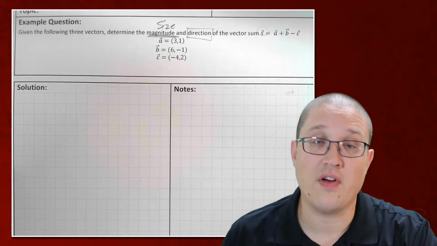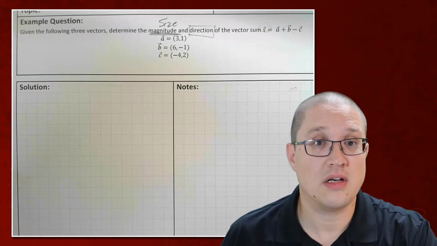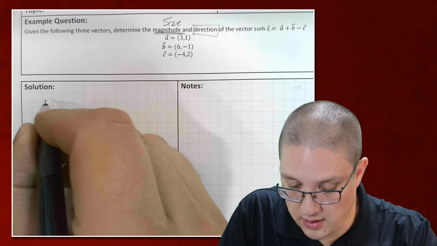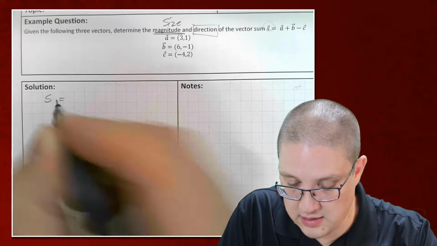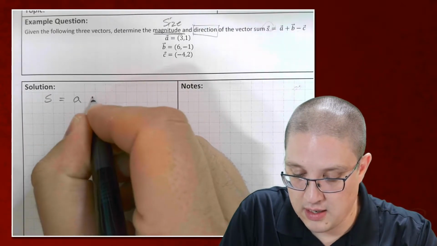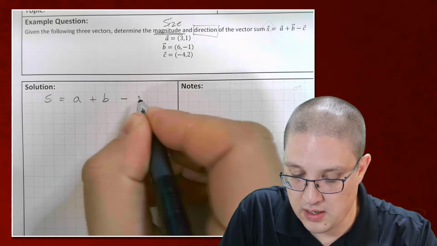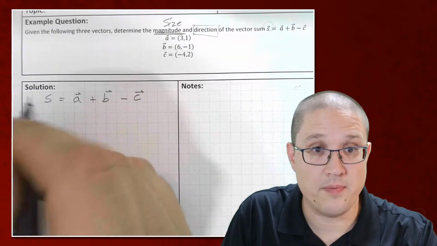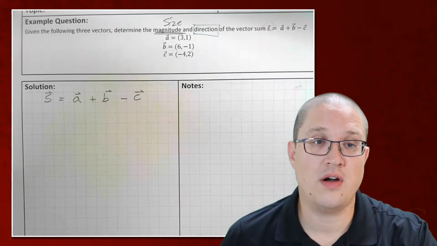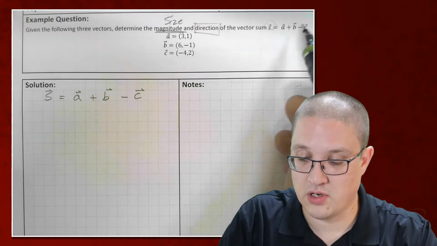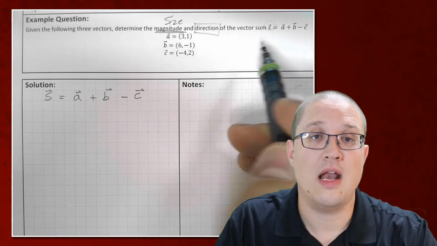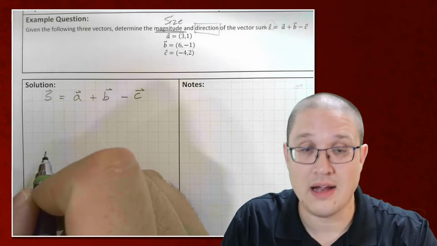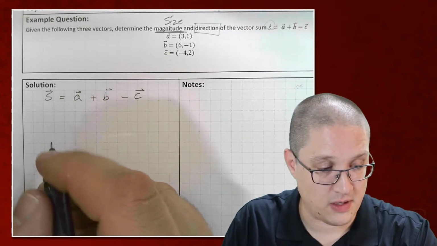So let's start off by solving this, and then we're going to discuss it a little bit and see what we've got. So my solution here is S is equal to A plus B minus C. All of these are vectors. So there's what I'm trying to add, and I've just copied this from here. Now, when I'm writing a vector, I can write this in component notation with my x and my y coordinates above each other.